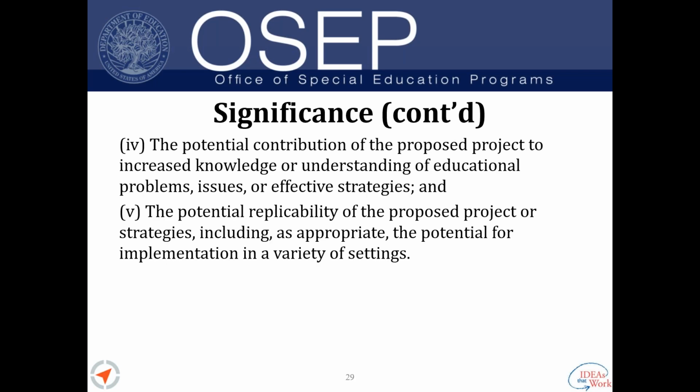The potential contribution of the proposed project to increased knowledge or understanding of educational problems, issues, or effective strategies, and the potential replicability of the proposed project or strategies, including, as appropriate, the potential for implementation in a variety of settings.